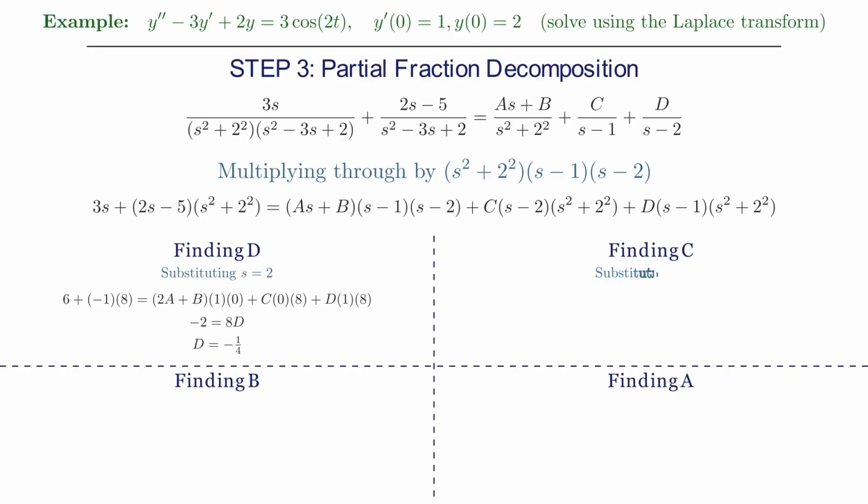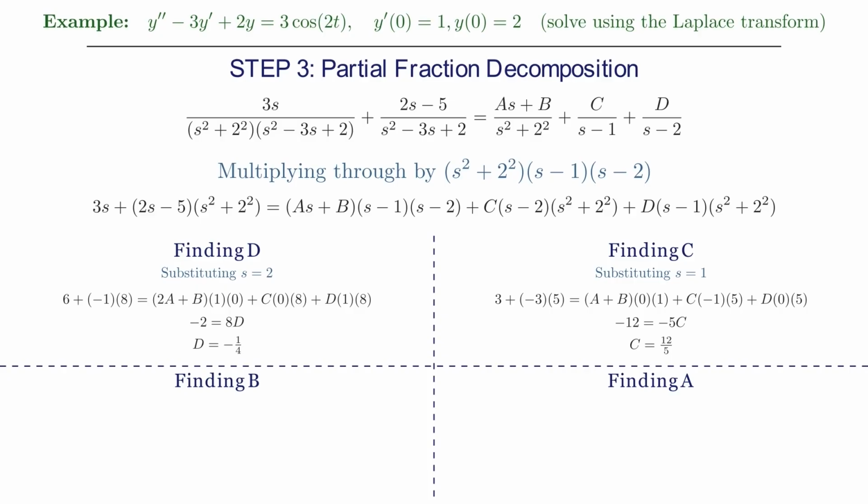So substituting s is equal to 1, this gives me 3 plus minus 3 times 5 is equal to (a plus b) times 0 times 1 plus c times minus 1 times 5 plus d times 0 times 5. So again, anything multiplied by 0 is 0, so we can cancel those terms out, leaving us with minus 12 is equal to minus 5c, which means that c is equal to 12 over 5.